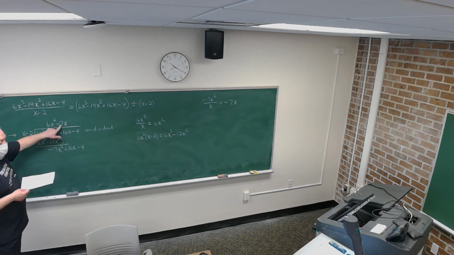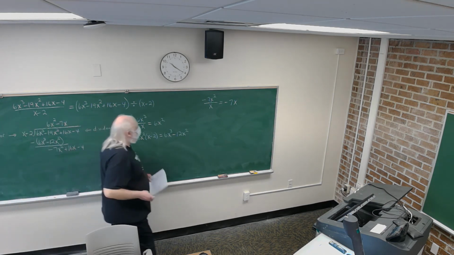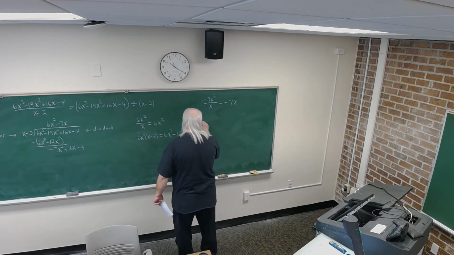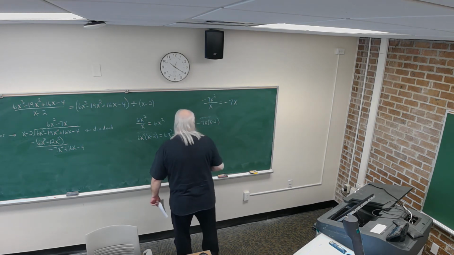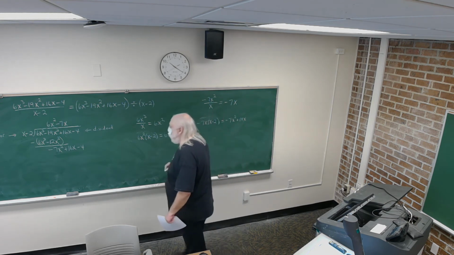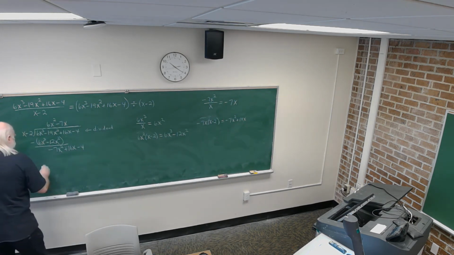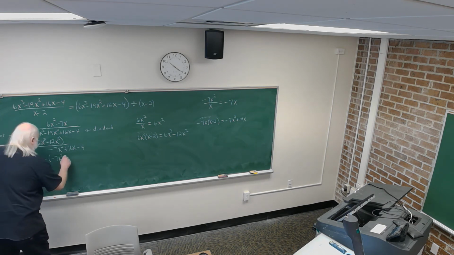And now I got to multiply minus 7x times x minus 2 and subtract that from this quadratic. So minus 7x times x minus 2. Distribute the minus 7x. You get minus 7x squared plus 14x. So we're going to subtract, in parentheses, minus 7x squared plus 14x.